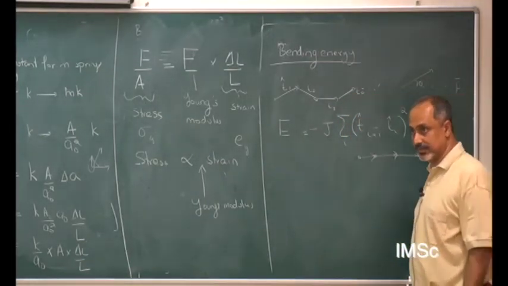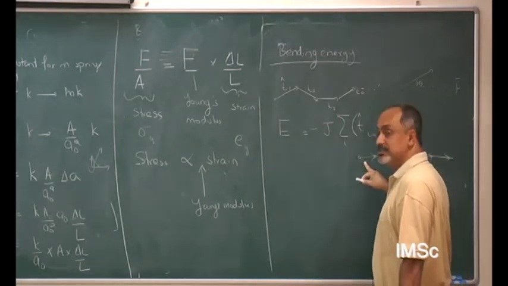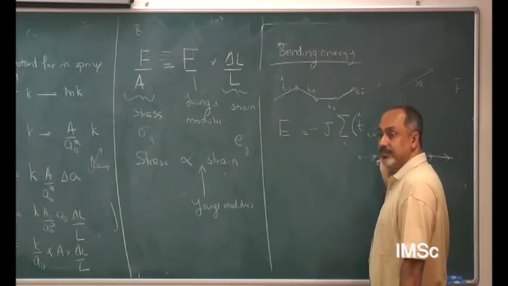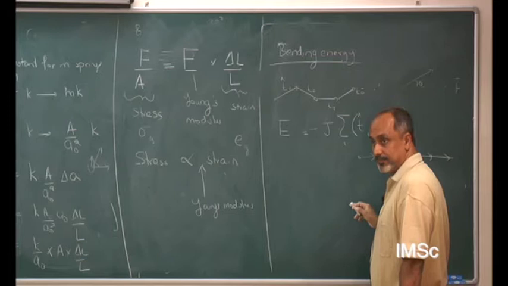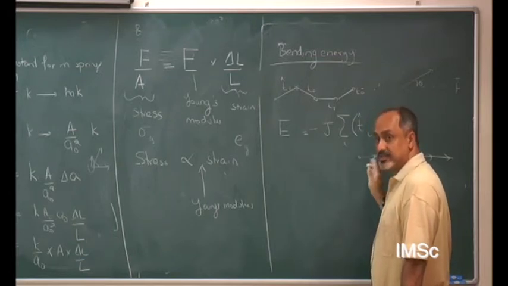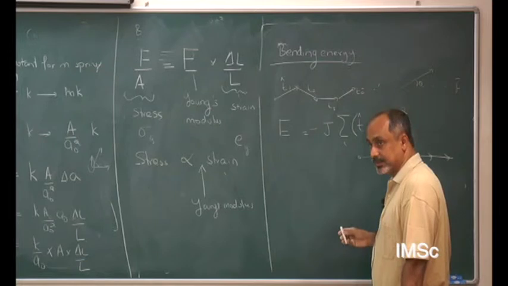The moment I allow this Ti plus 1 to change from here, there's an energy cost that is proportional to how much the difference is between Ti plus 1 and Ti. So this is one way to write out the energy cost of the deformation, this bending energy, in terms of this quantity here.